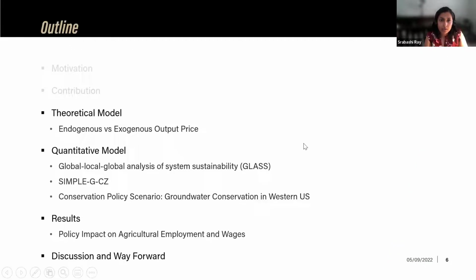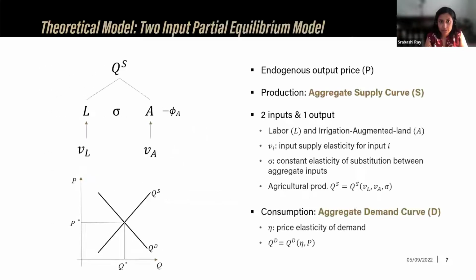Okay, so next I'll talk about the theoretical model, and again I'll talk about it under 2 different assumptions, where output prices are endogenous versus a second case where output prices are exogenous. So first, looking at the case where output prices are endogenous.